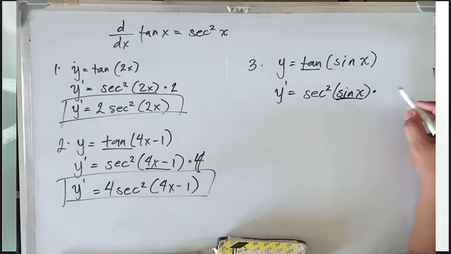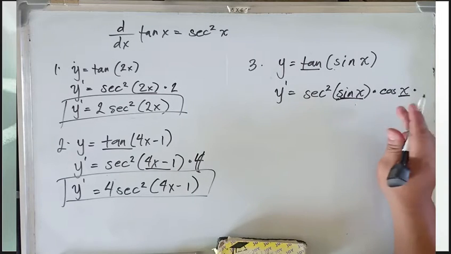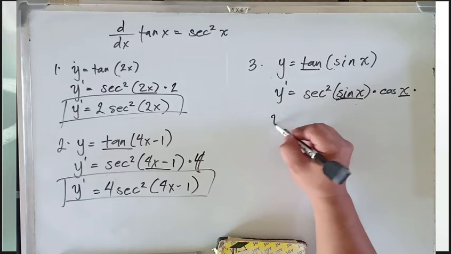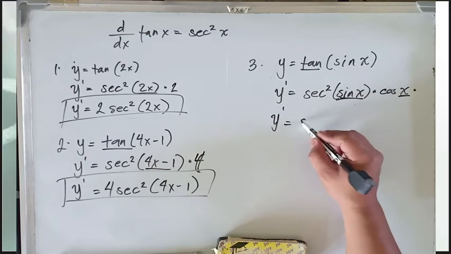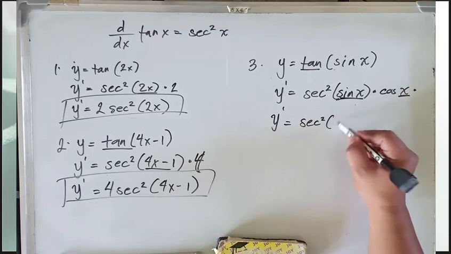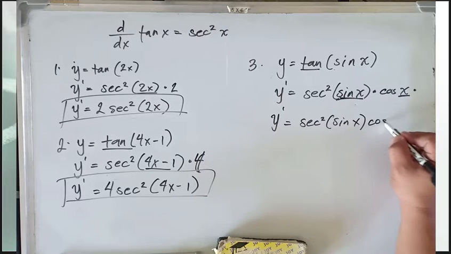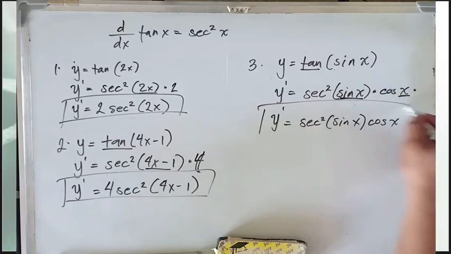The derivative of sine x is cosine of x, multiplied by the derivative of x. So it so happened that we have x only, so its derivative is 1. So let's rewrite that one. We have the secant squared of sine x times cosine of x. So that's the final one.